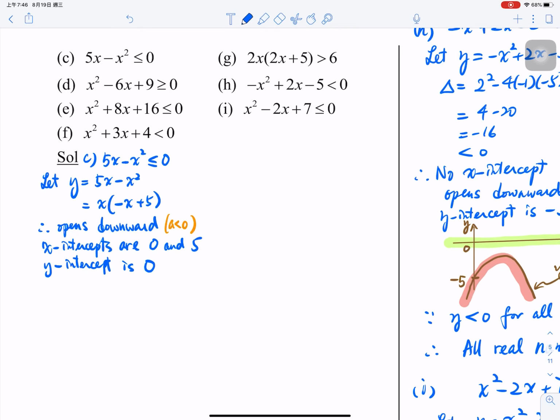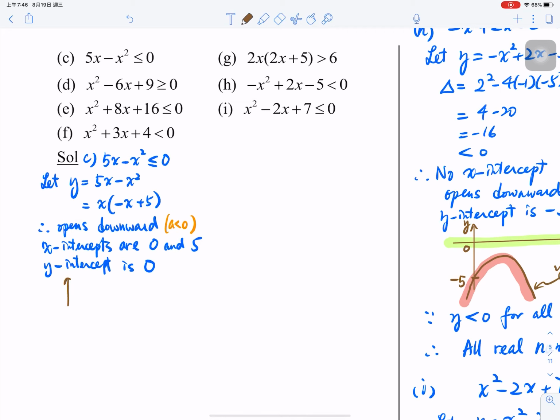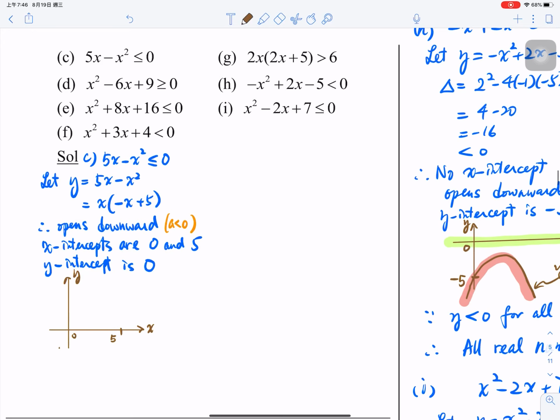That's great. Then draw the graph now. x, y, and 0, and 5. Right. This time opens downward and cuts at 0 and 5. Okay, so the graph becomes like this. So this one is y equals 5x minus x squared.